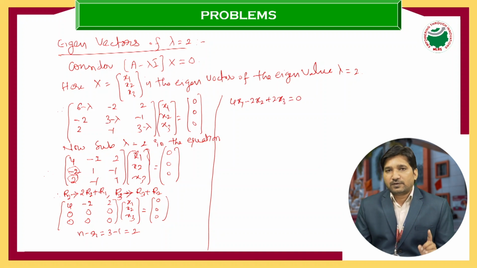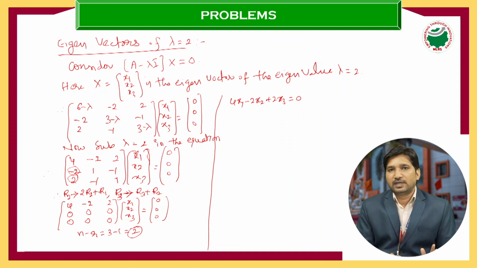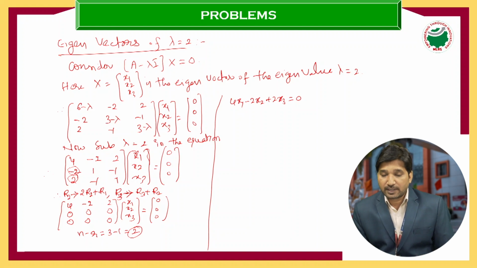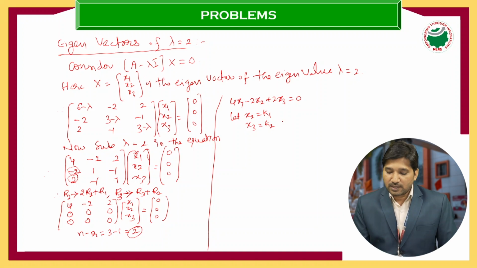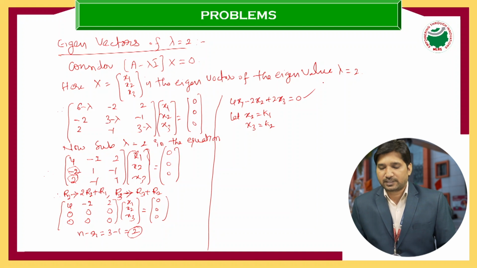So the equation is 1, the variables are 3, so we will get 2 independent variables. Let x2 equal to k1, x3 equal to k2. Substituting x2 and x3 in the above equation, we will get x1.